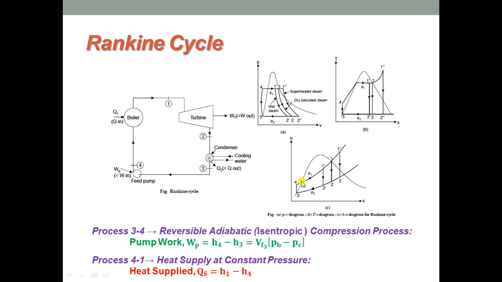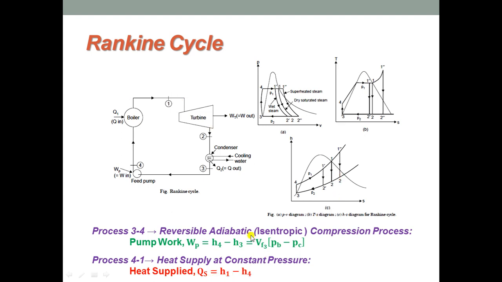So, sensible heating of water from 4 to 5 may take place either in an economizer or in a special feed heater, which is not shown here. And finally, evaporation takes place from 5 to 1 or 1 dash or 1 double dash, it depends on the condition of the steam required. So, the saturated liquid gets converted into vapor, which may be a dry vapor, a wet vapor or a saturated vapor, and this takes place in a boiler.